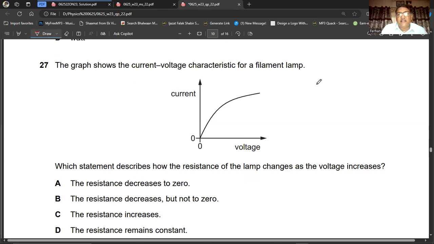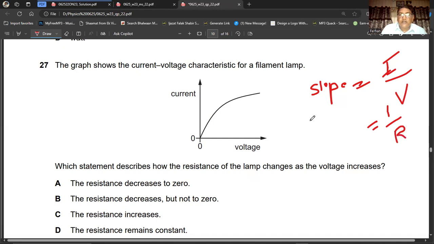The gradient, the slope here, is basically equal to I by V, sorry, I said I by R, it is I by V. So this is basically the reciprocal of the resistance.